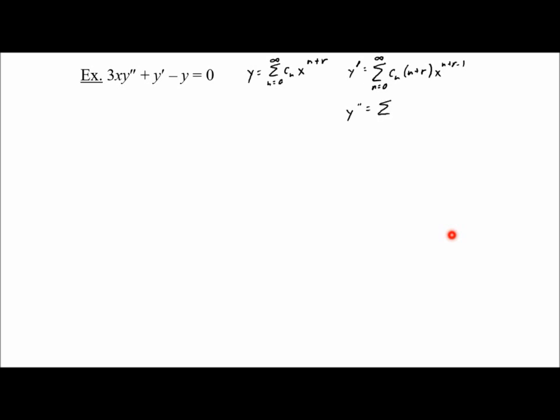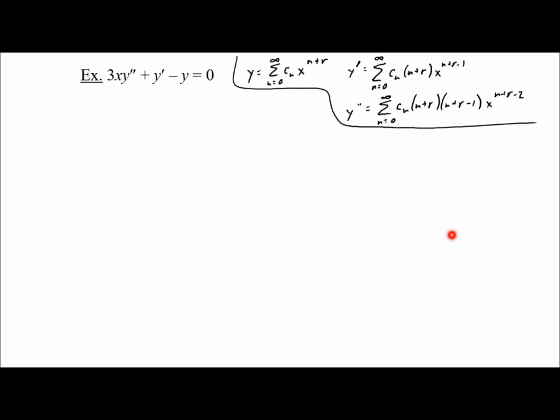Y double prime is going to be the sum n equals, again, 0 to infinity, Cn times n plus r, n plus r minus 1, x to the n plus r minus 2. Okay, let's plug those in.